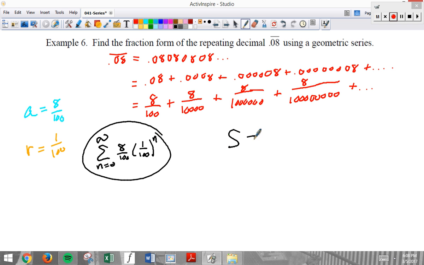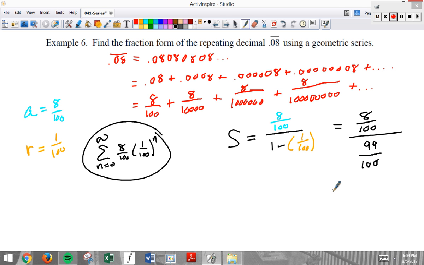The sum of it is A over 1 minus R. Simplify. 1 minus 1/100, I'll just jump to it, is 99 hundredths.